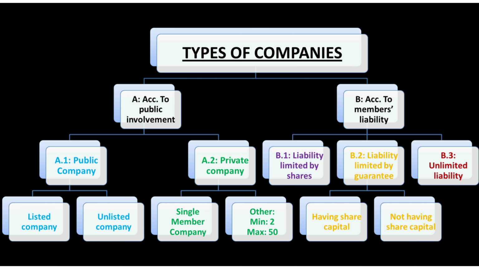However, in that same video, if you remember, I have also talked about a further subdivision in B2, that is where a company is limited by guarantee. Remember that it is possible for that kind of company to either have share capital or to not have any share capital at all.